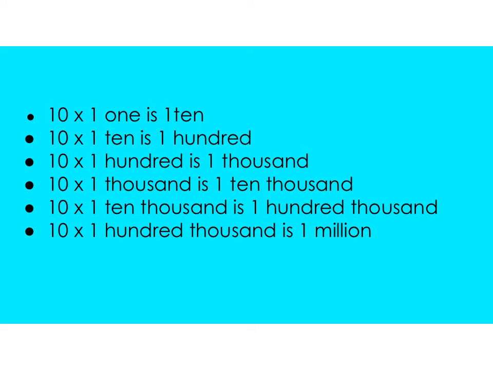And 10 times 100,000 is a million. So every time we cross that line and regroup, it's showing that we're multiplying by 10. And that's the reason we call this the base 10 system.